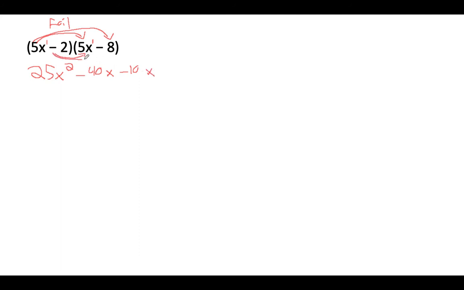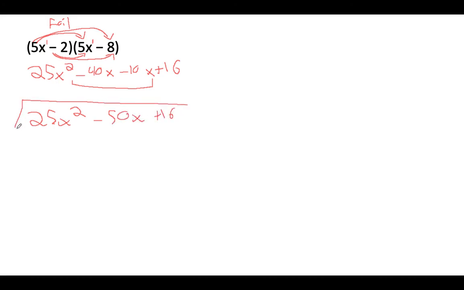Then last you have negative 2 times negative 8, which is positive 16. We need to combine like terms, these middle guys right here. So negative 40x minus 10x gets you negative 50x. Then you have the plus 16. And that would be your answer.